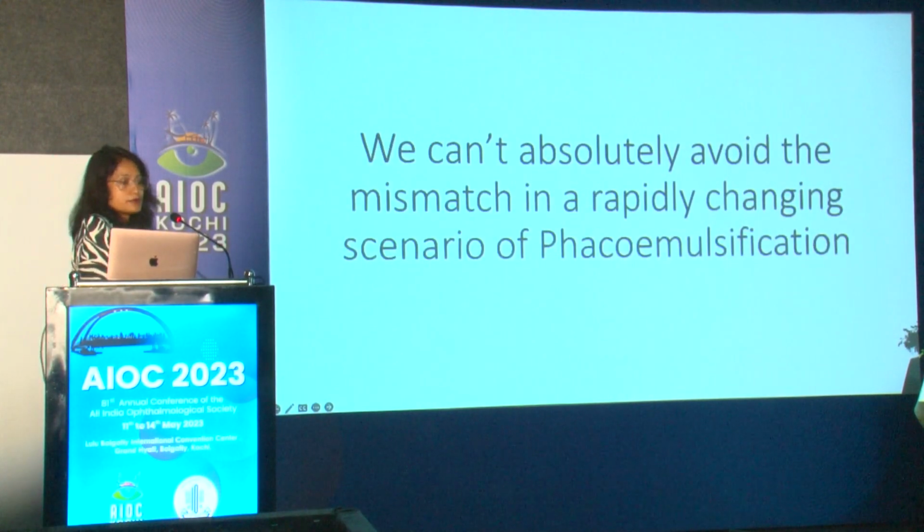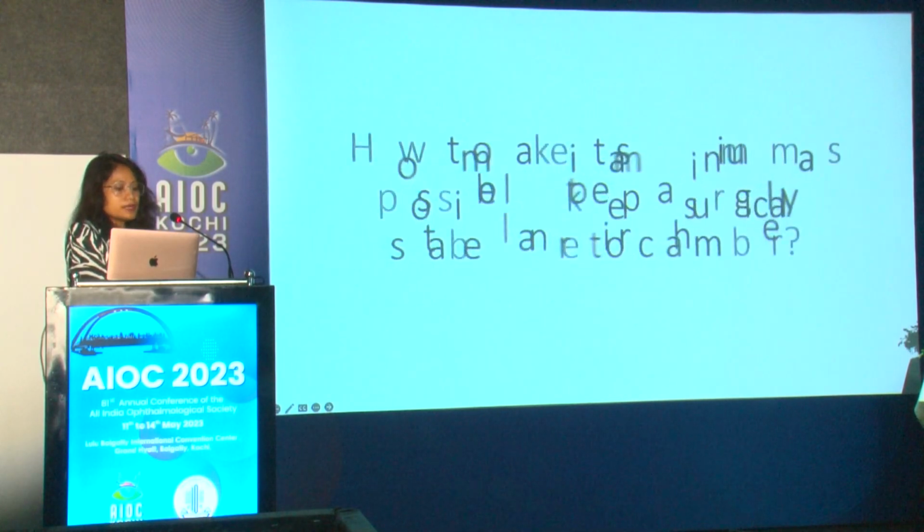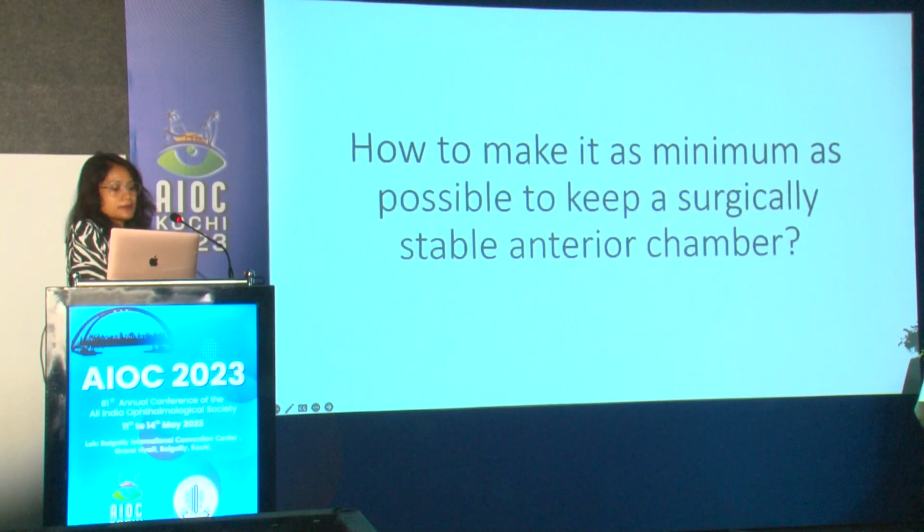So here I want to emphasize that we cannot absolutely avoid the mismatch in a rapidly changing scenario of phacoemulsification. Our aim should be to make it as minimal as possible to have a surgically stable anterior chamber. Why am I saying surgically stable anterior chamber? Because I want to ignore the microfluctuation which always remains.